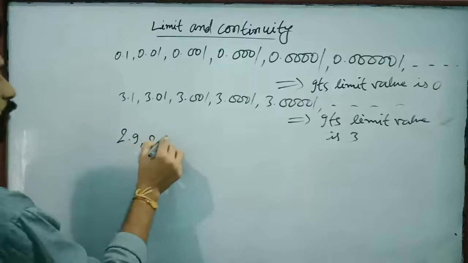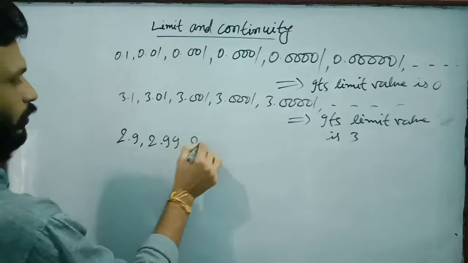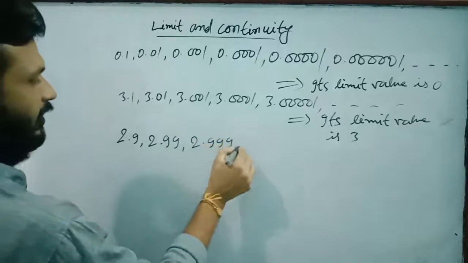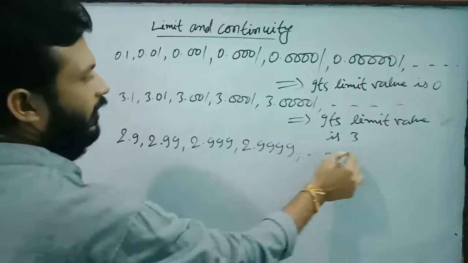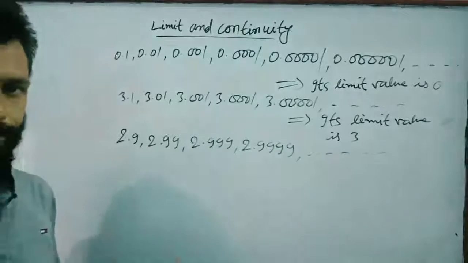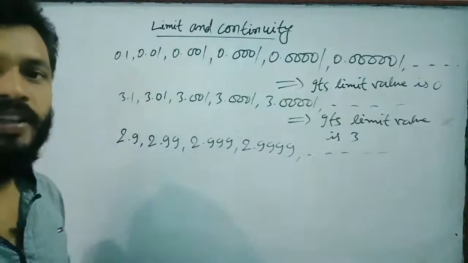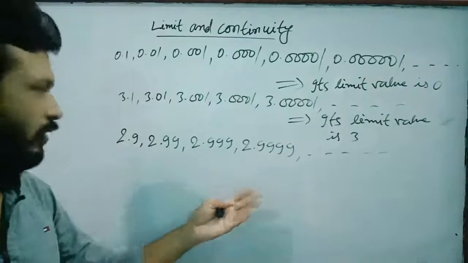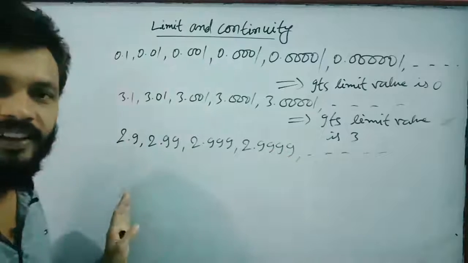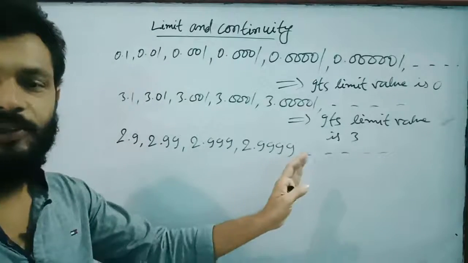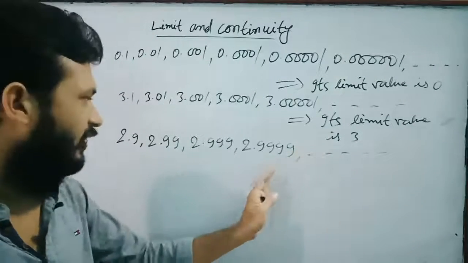Then again 2.9, 2.99, 2.999, then 2.9999. Okay, infinite. Now, in this sequence, what is the limit value? 2.9, 2.99, 2.999. It approaches 3.